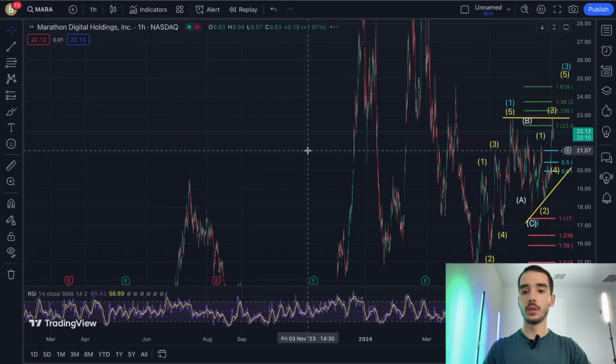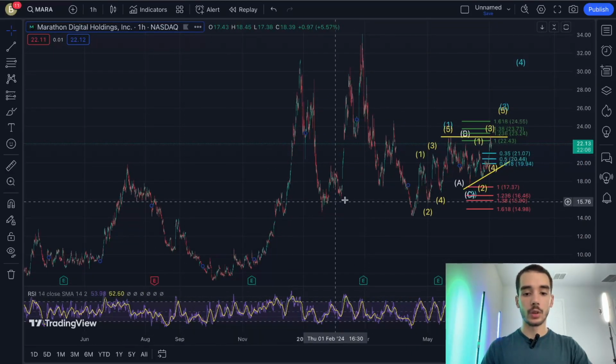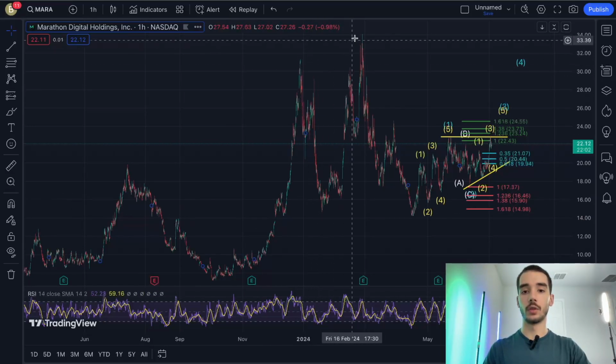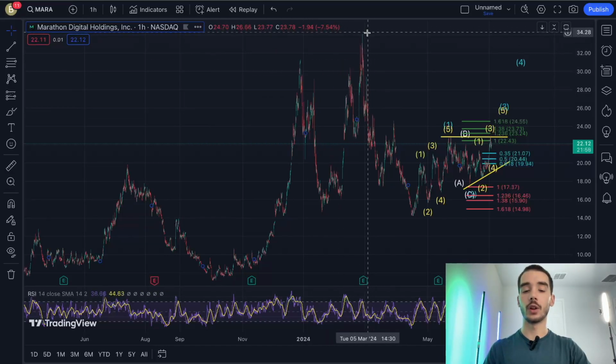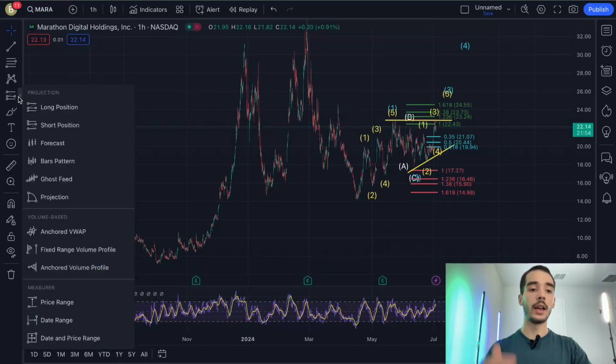If I zoom out on the bigger picture, the start of 2024 is right here, indicating that the all-time high of 2024 is actually up here at $34 or just over $34. But let me be clear about something. I do not trade off of far back history.